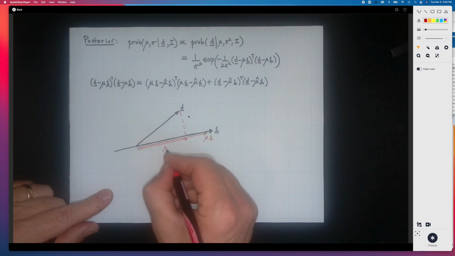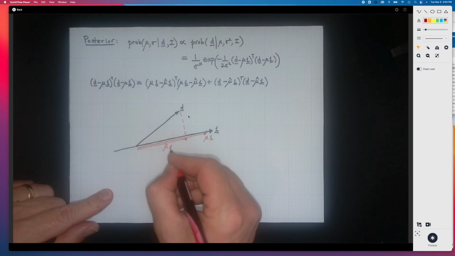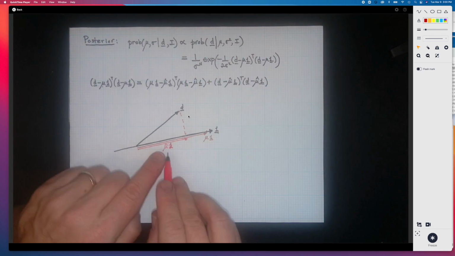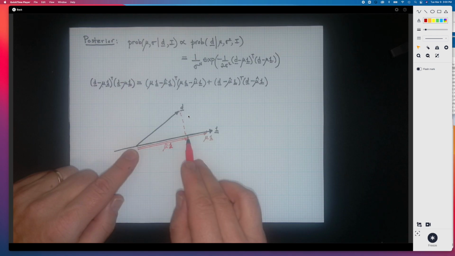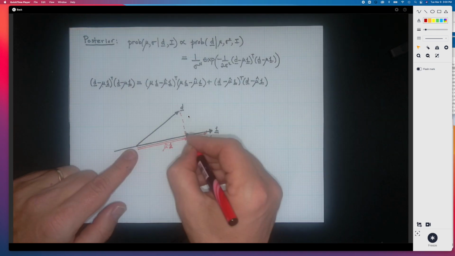I'm going to call that mu hat times 1. So mu hat is the length you get when you project d onto 1. This is 90 degrees here.